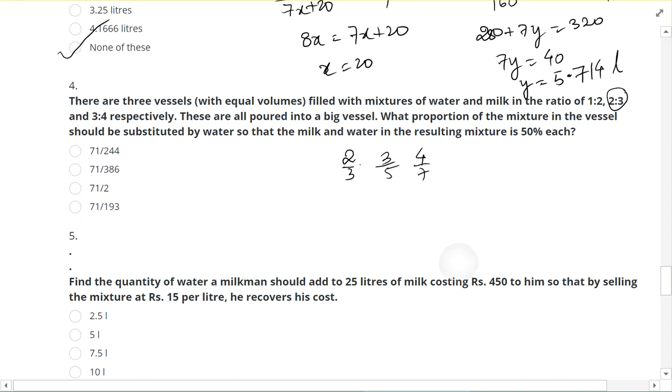The three quantities are in equal volumes, so no problem, add and divide by 3. This will be the proportion of milk in the mixture, and then we will find what the question asks.